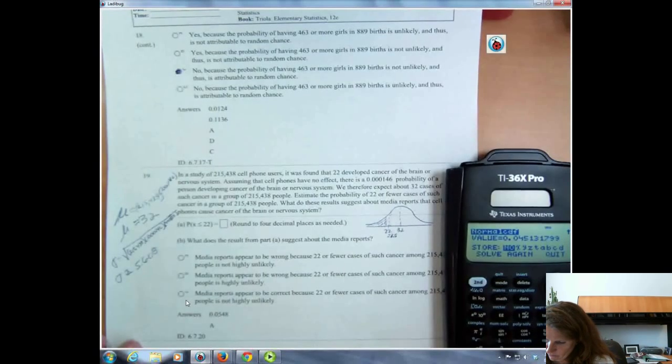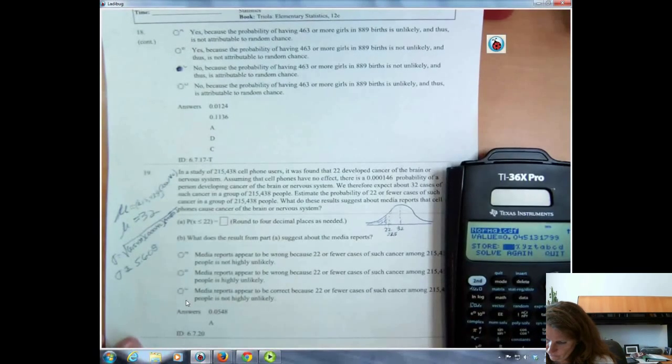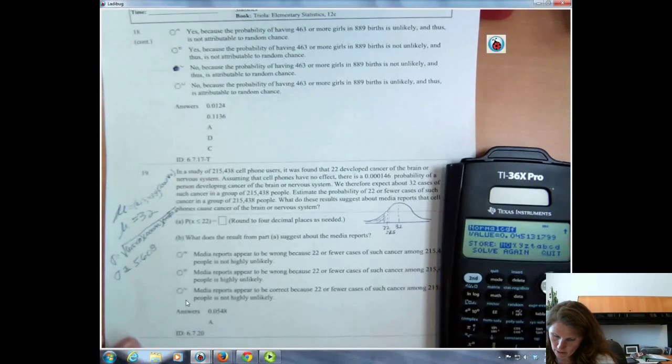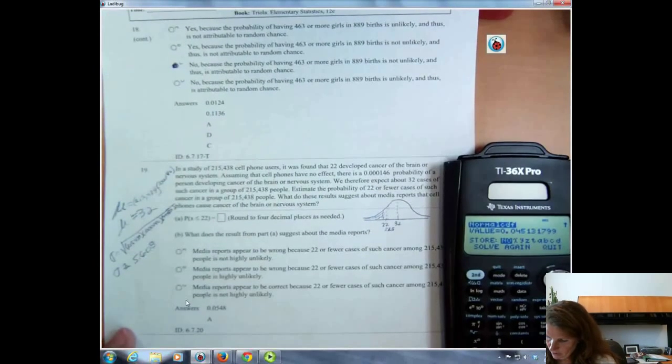Well, let's read, 23 or fewer out of 215,438. Oh my heavens, I did not get their same answer. I don't want to do this whole thing over again.